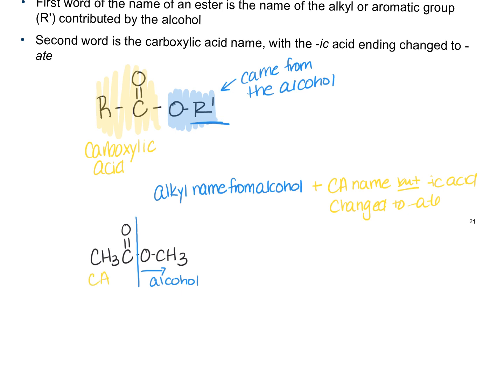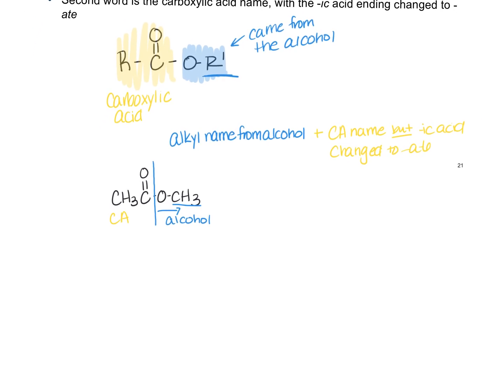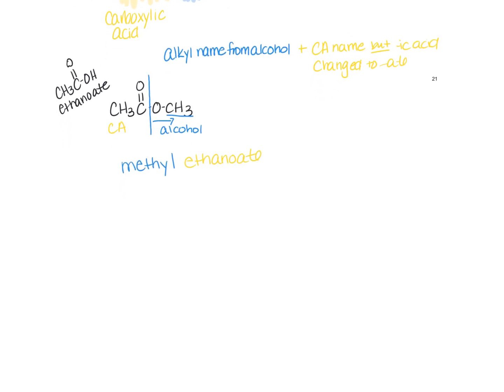So when we go to name this, we look at this and we would say, hey, look, that alkyl group is a methyl group. So we would say it's methyl, it's got one carbon. And then we look at the carboxylic acid and we would say, if that CH3, C double bond O, was a carboxylic acid, we would name it ethanoate. And so that then becomes the second name, ethanoate, just like that.